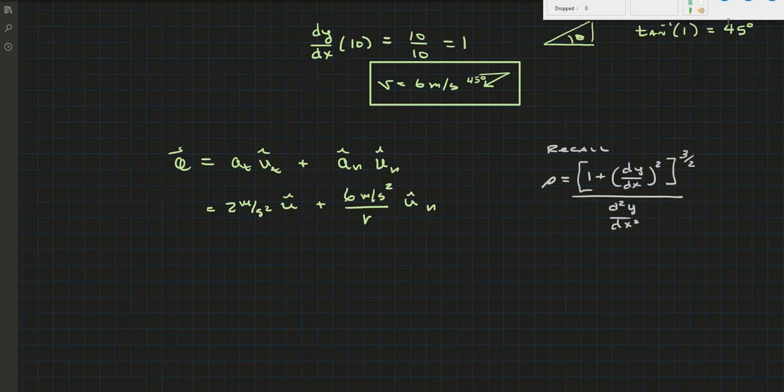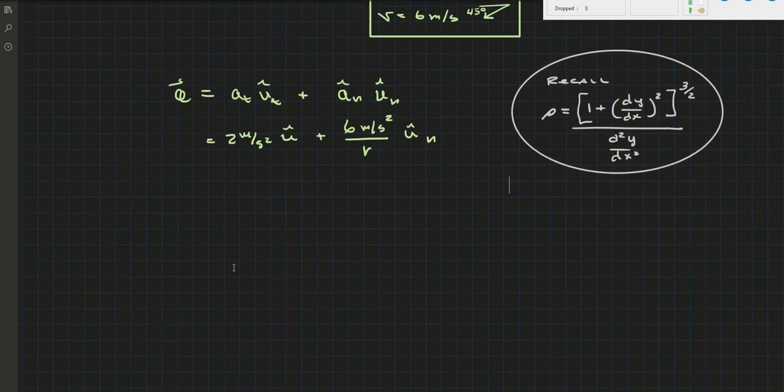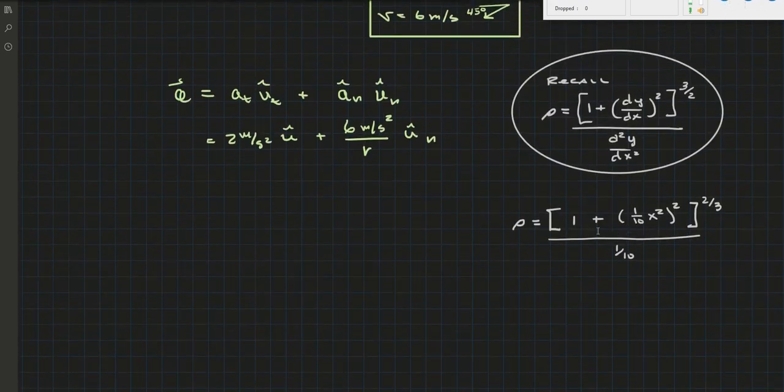And then recall that our rho, or radius of curvature, is this relationship. We can go ahead and solve that relationship for our coordinates that we have. So setting this up, the derivative of y with respect to x is 1/10 x.